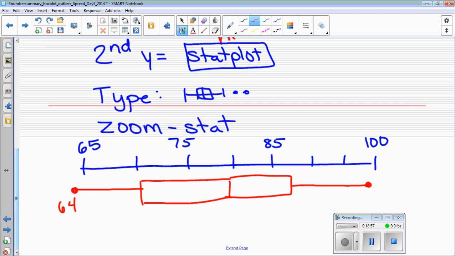Now, in addition to the scale, and this is something I would like for you to do, if you don't have the quartiles listed off to the side, if you do, that's fine. But it's beneficial and easier for me to grade if you simply just, what was this one? 70, right? And then 79. And that's 89. 87.